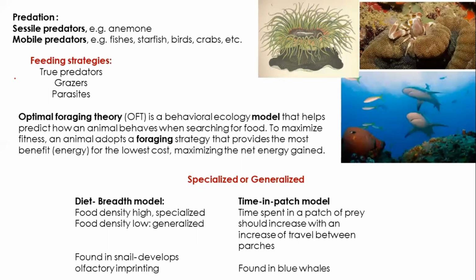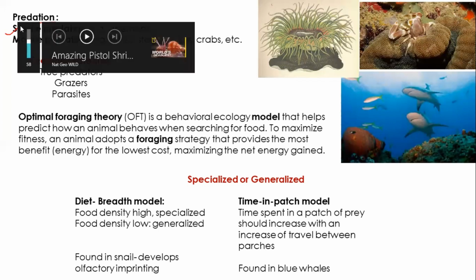With predation, we can see that there could be two different types of organisms in the marine ecosystem. First, those organisms which are sessile.